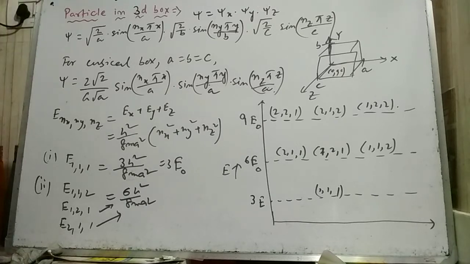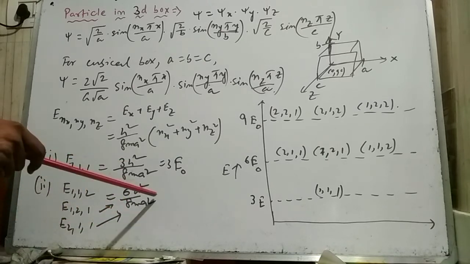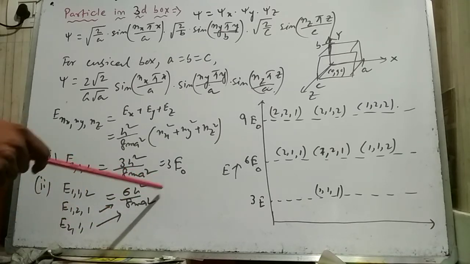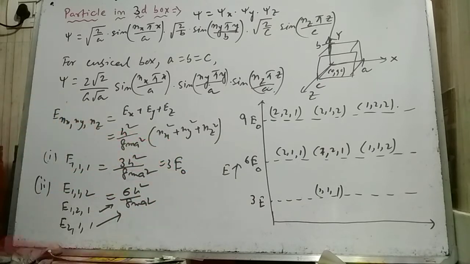So in this case, three energy levels are generated. What are the energy levels? The energy levels are E112, E121 and E211, and by calculating the energy of the three levels, we see that the energy value is 6h²/8ma², that means 6E0.